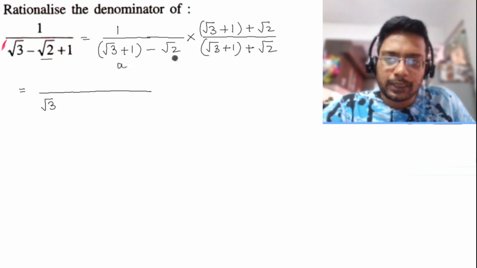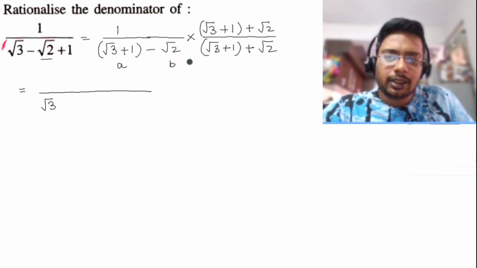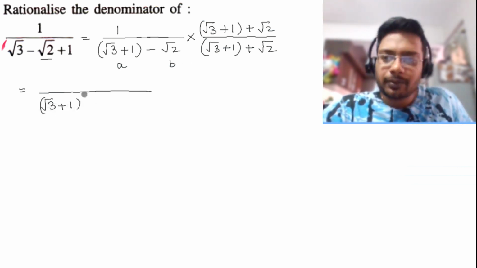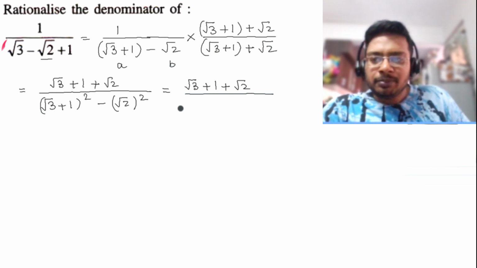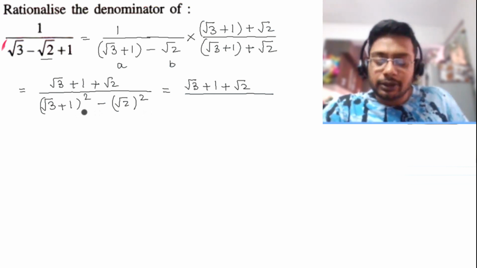This whole thing is a: root 3 plus 1 is a, and root 2 is b. Root 3 plus 1 whole square minus root 2 whole square. In the numerator, we get root 3 plus 1 plus root 2, again root 3 plus 1 plus root 2, divided by... okay, let's solve the denominator.